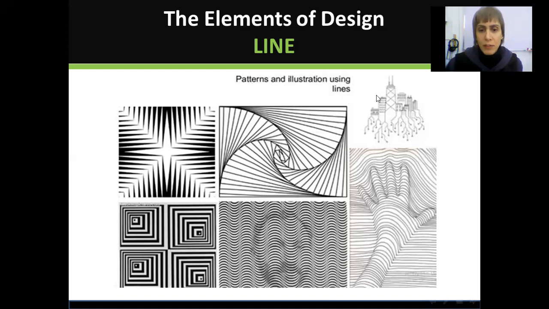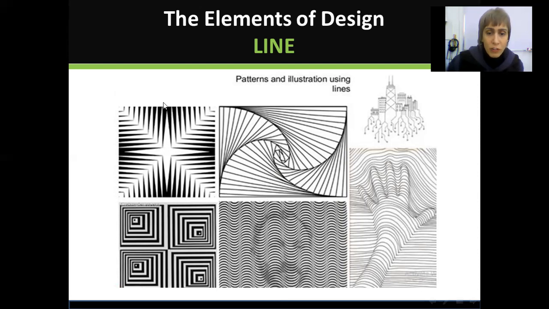Here are some examples of illustrations using lines. As you can see, different line qualities. This is, for example, the same regular, uniform line, but the way it's combined creates the feel of movement. Here, for example, we have thick lines going towards thin lines.